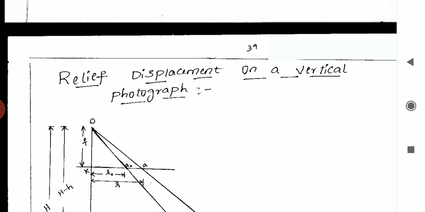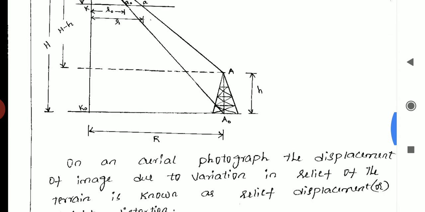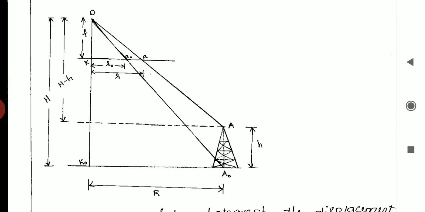Okay. Next derivation is relief displacement on a vertical photograph. Figure like this.